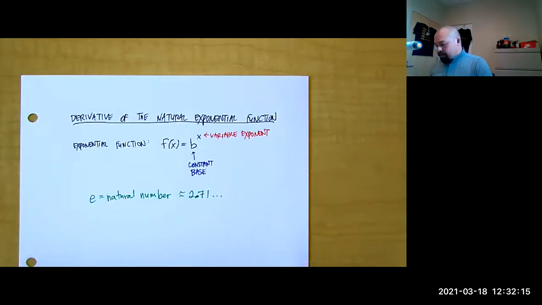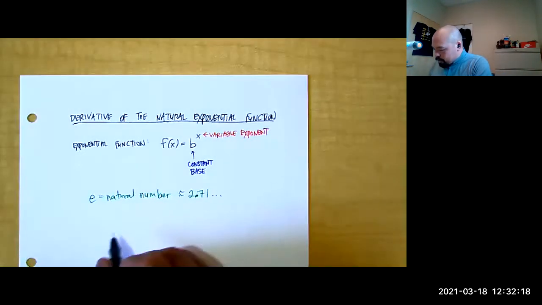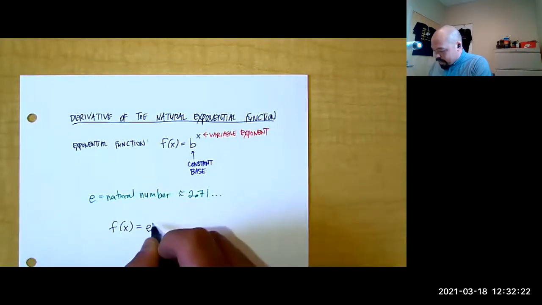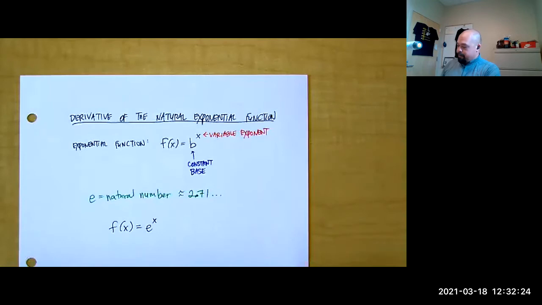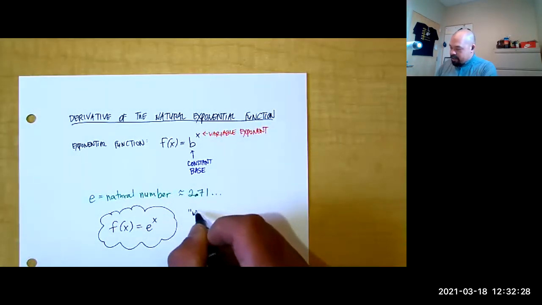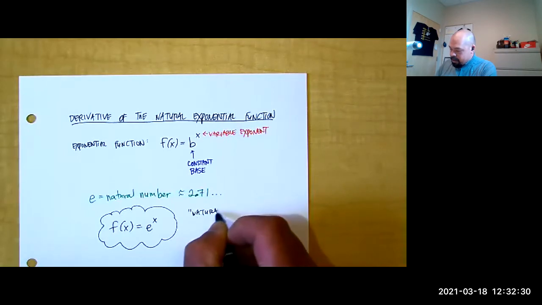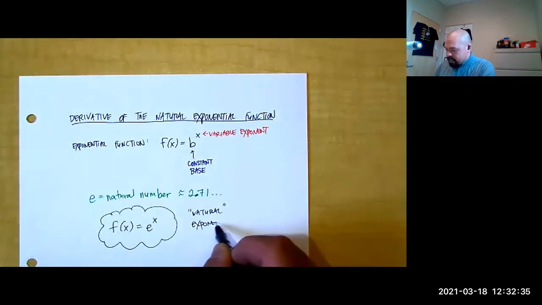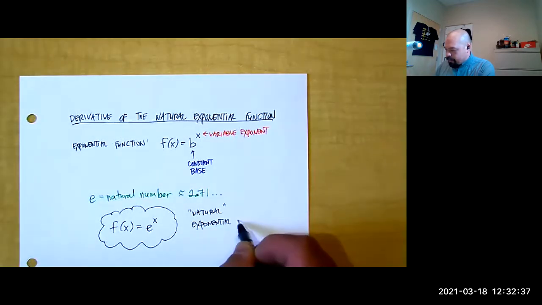And so then for our exponential function with a natural number as its base, we have that e to the x. Okay, what I'll kind of call my natural exponential function. But lazily, we still call it an exponential function.